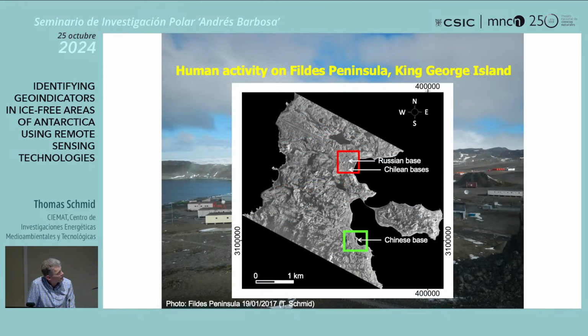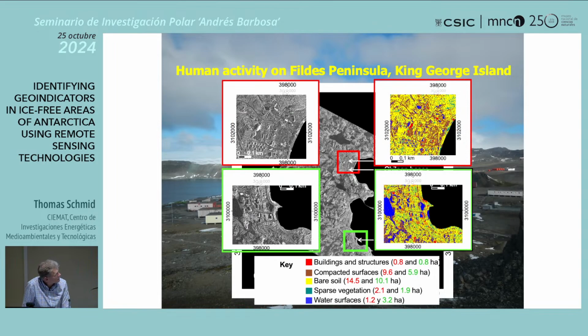Here's a high-resolution radar image. We've taken the example of the Russian base, the Chilean bases, and the Chinese base. We've processed the images. Here you have a magnification of these areas, and these are our classifications.